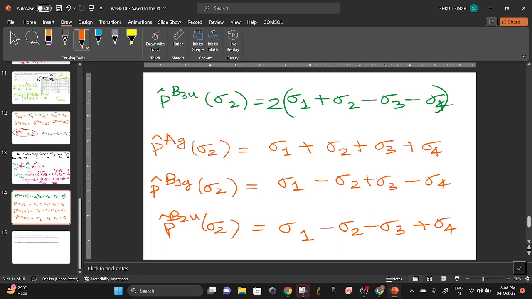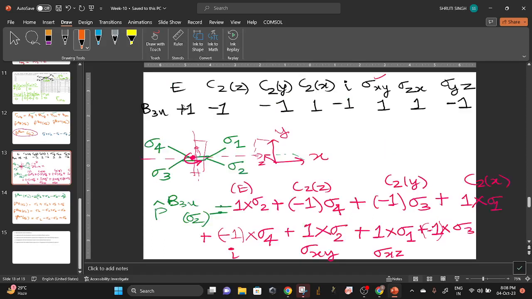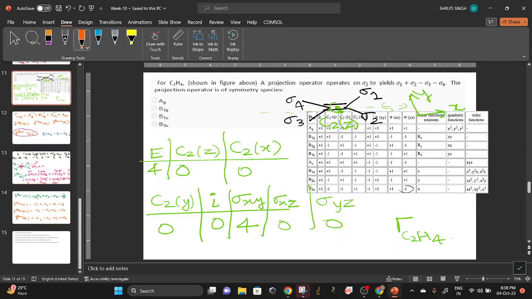Why have we used the sigma 2 projection operator? You can choose any other because all four are equivalent. You can choose sigma 3 also, you will get the same answer. But here the question says it operates on sigma 2, that's why I have chosen sigma 2.